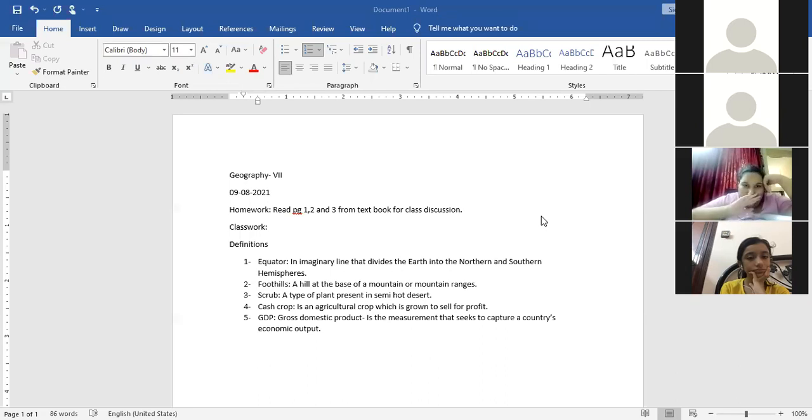The economic output is obviously the revenue that the country generates, and because of the revenue, how much the country is able to invest back into their country.